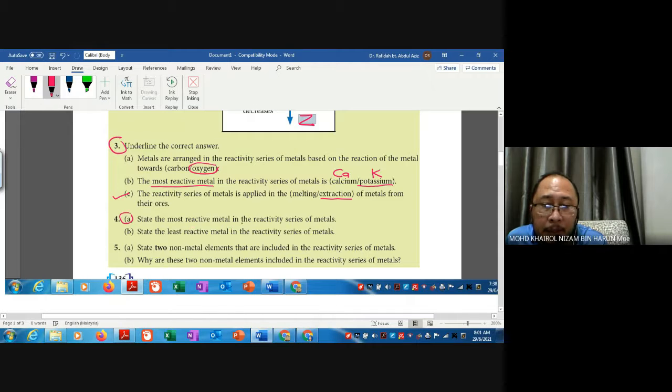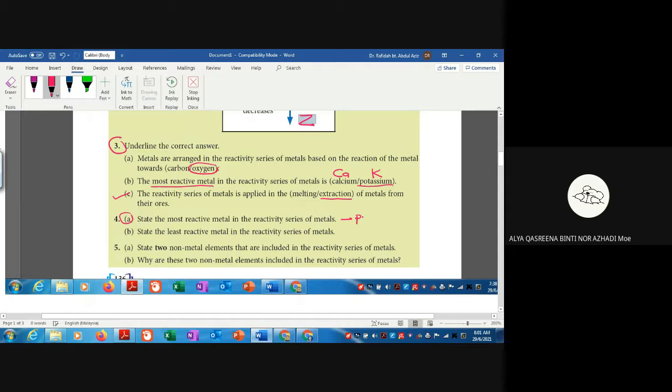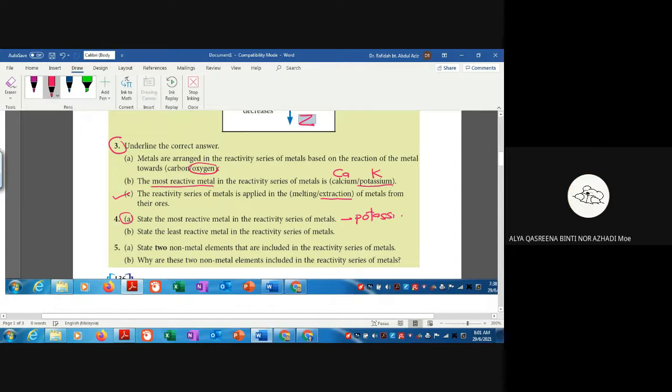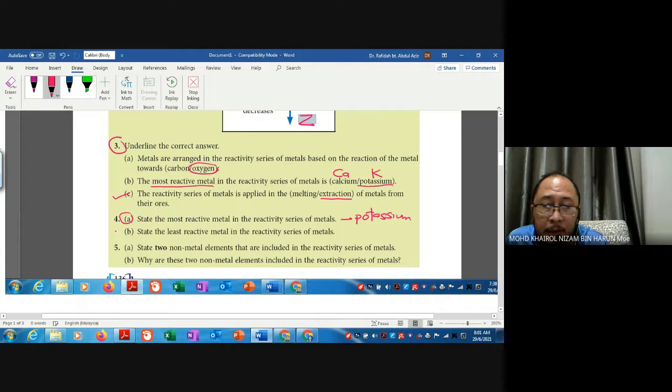Question 4A. State the most reactive metal in the reactivity series of metals. Potassium. So these are all basic questions. State the least reactive metal.